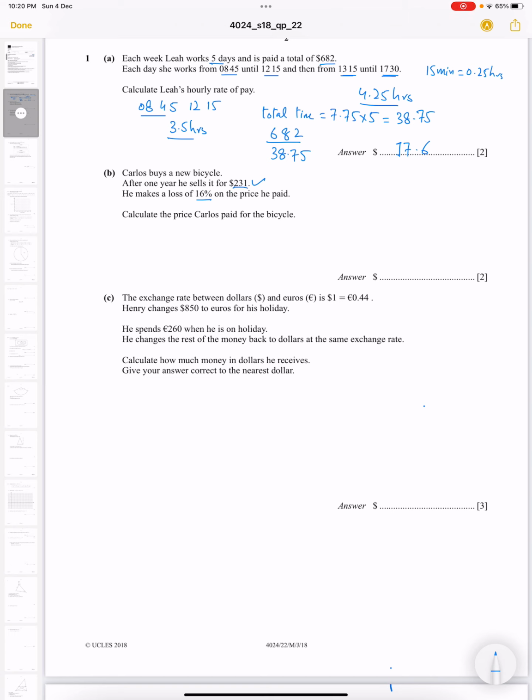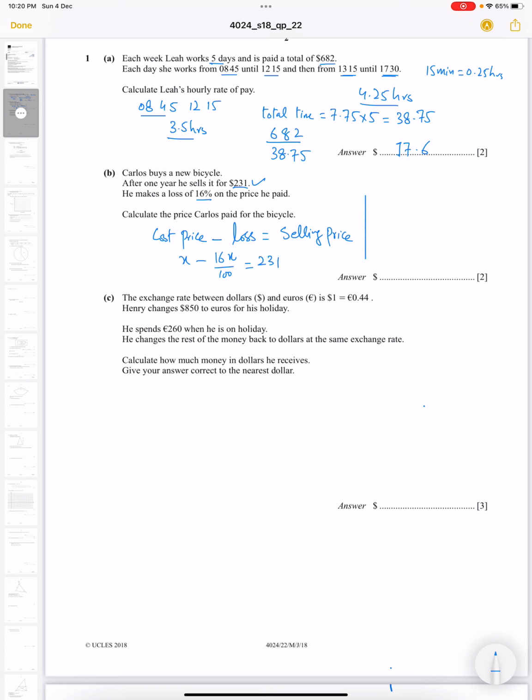Basically the technique of doing it is cost price. We should know the relation that cost price minus loss is equal to selling price. Now if we assume cost price is x, loss is 16% on the cost price, so that will be 16x by 100. This is equal to 231.